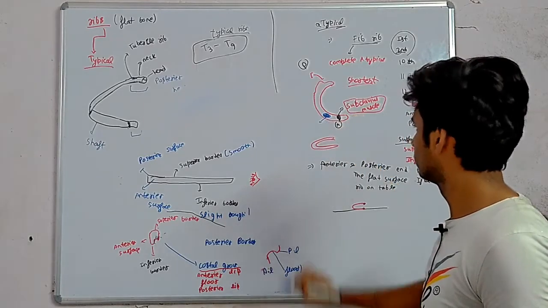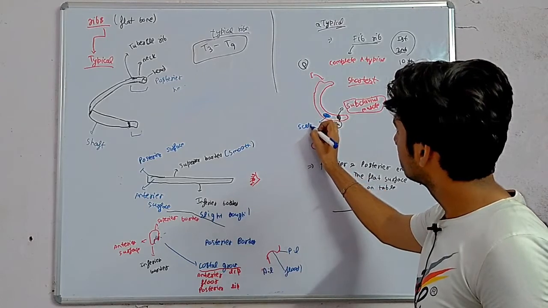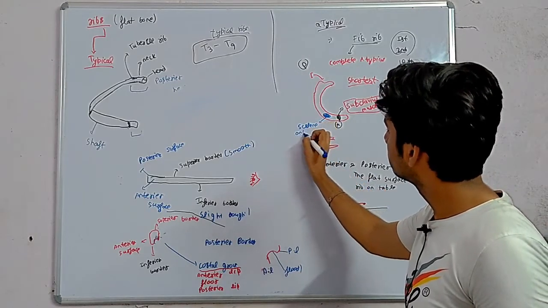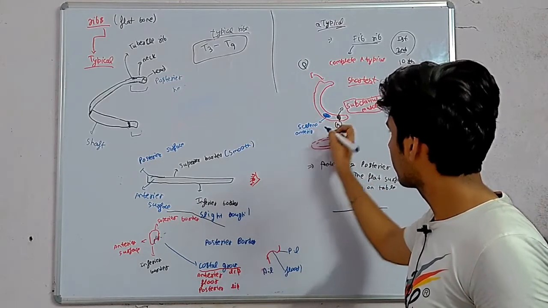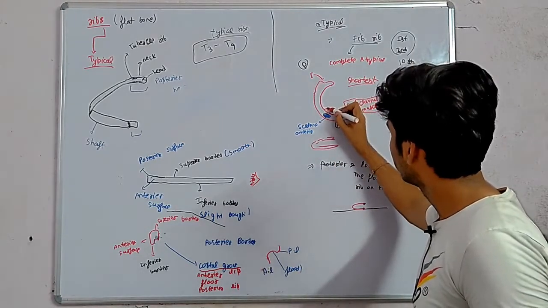The attachment of the subclavius muscle is here, the first rib muscle. Here is the attachment of the scalenus anterior muscle, and a tubercle is also present on the first rib.